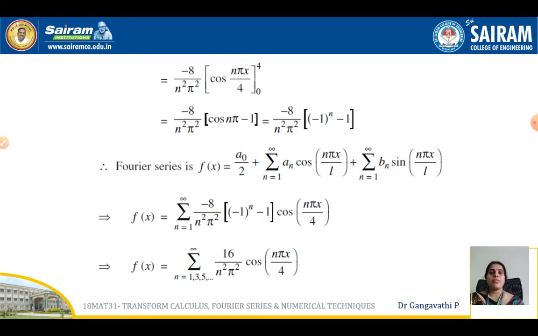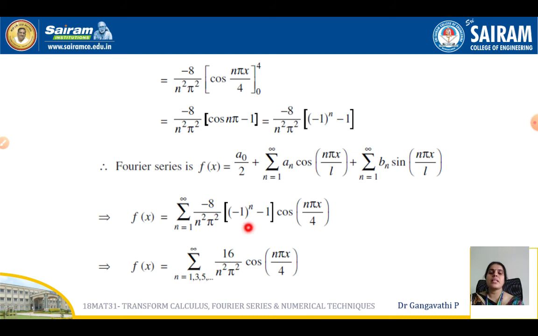So we have got a value for a0 and an. Bn is 0 because the function is even. So f of x is equal to a0 by 2 plus the summation. This is the main Fourier series expansion where we are going to substitute the value of a0 and an. Especially the term inside the bracket, minus 1 to the power of n minus 1, for different values of n, becomes 0, and for some values of n, it gives minus 2. When n is odd, this gives minus 2.